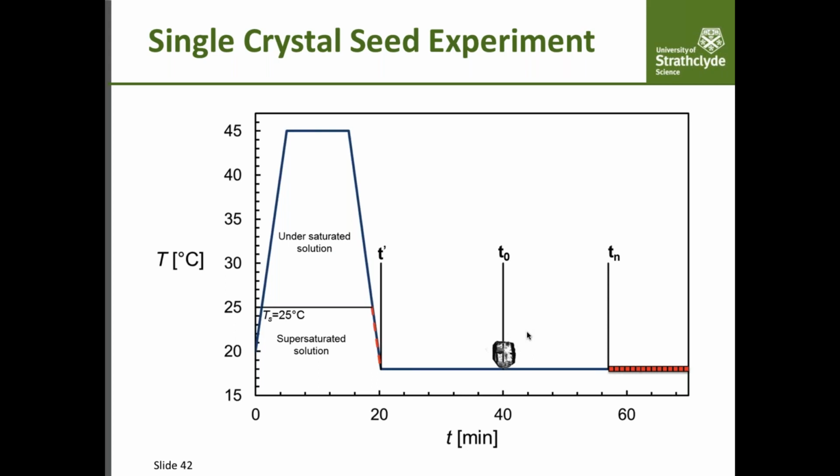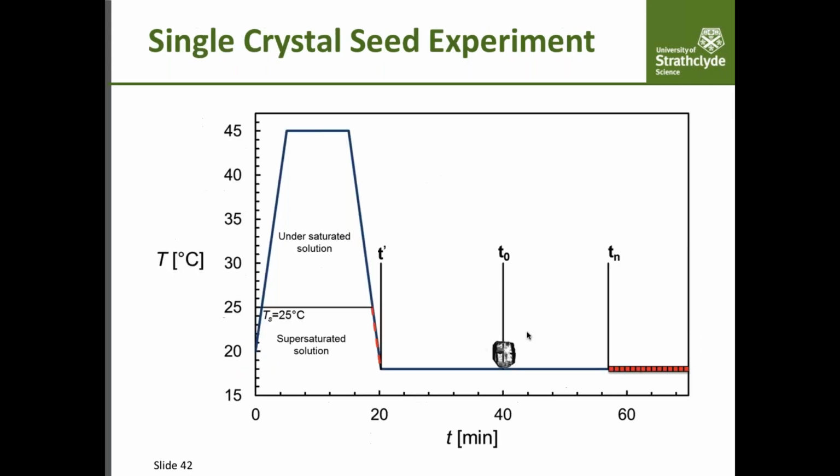We have a clear solution. We cool down to a certain low temperature to create a supersaturation, and we know when primary nucleation would occur. So we have roughly 14 to 15 minutes to investigate secondary nucleation. At some point, we can add a single crystal seed to these solutions.